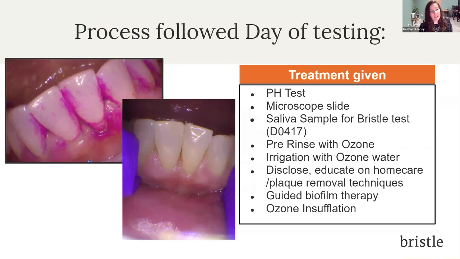The day that we did the test, like I said, we did the pH, we did the microscope slide, and the salivary sample here. This is the code you can use when you take the salivary sample. We always did a pre-rinse after doing the test. Note that if you're doing a salivary test the day of an appointment, you have to do it before you start anything within the mouth.